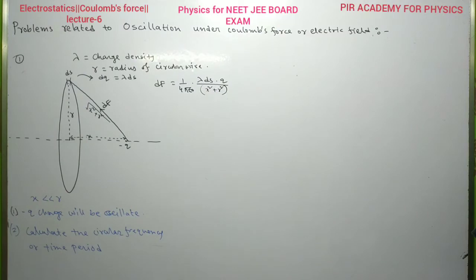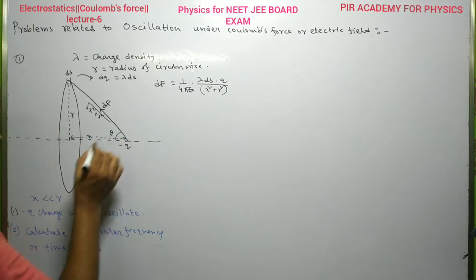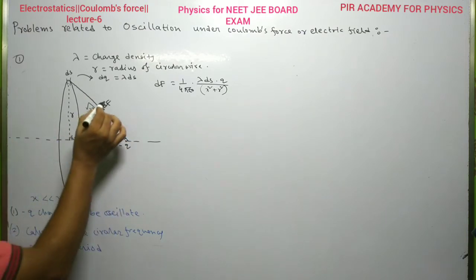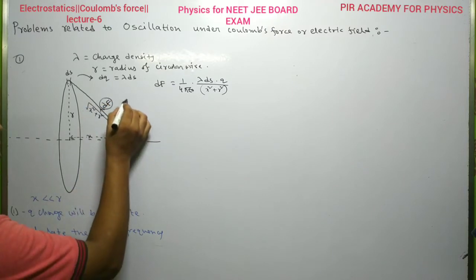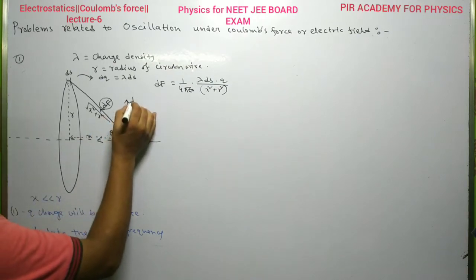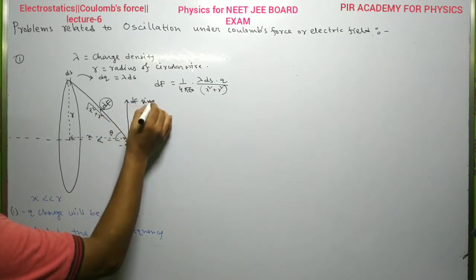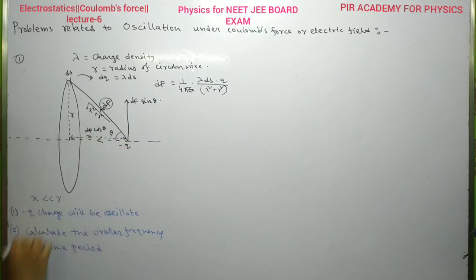This is the force dF. If I take angle theta, then this dF can be resolved along this direction and along this direction: dF sin theta and dF cos theta.